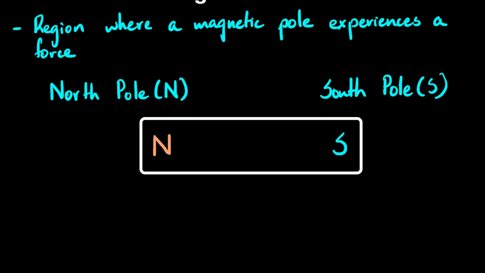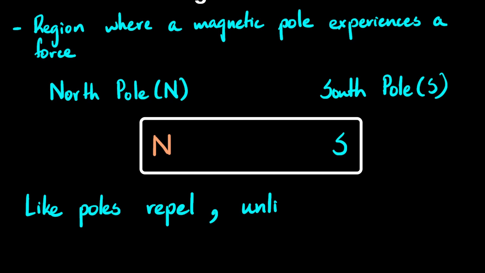So in terms of the forces between the poles, like poles, so basically similar poles, north-north or south-south, repel, and unlike poles, so north-south, and if I say south-north it means the same thing, unlike poles attract.